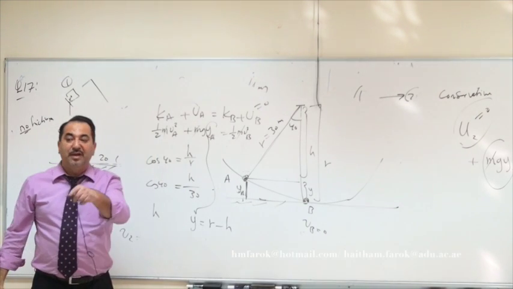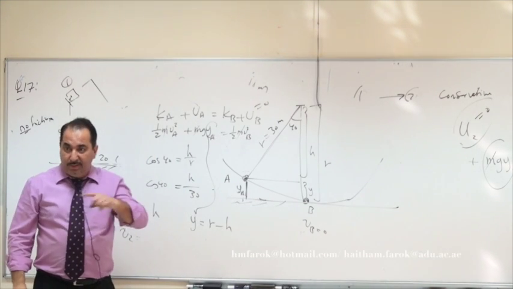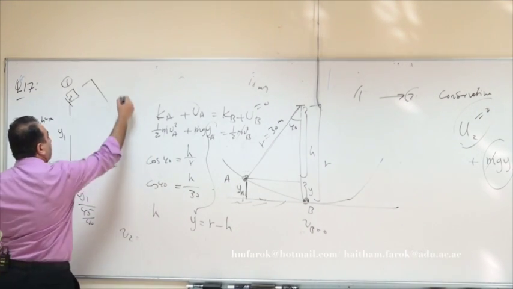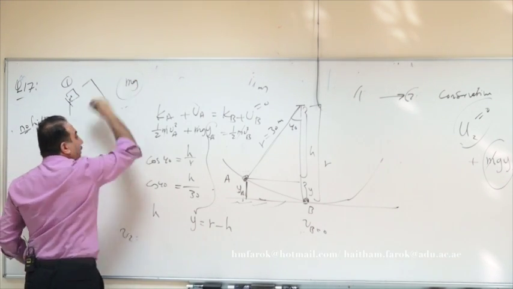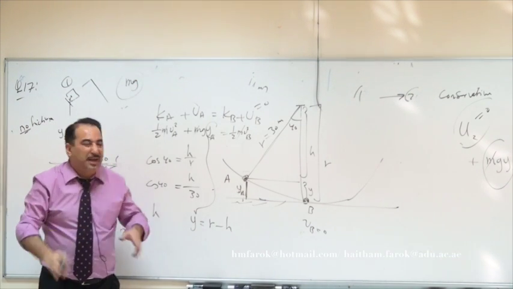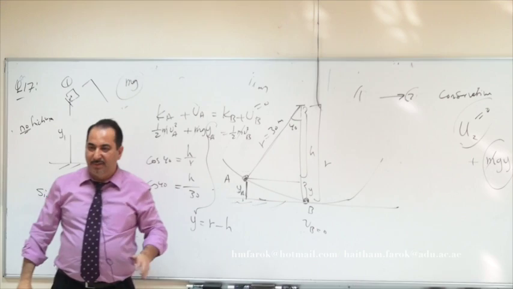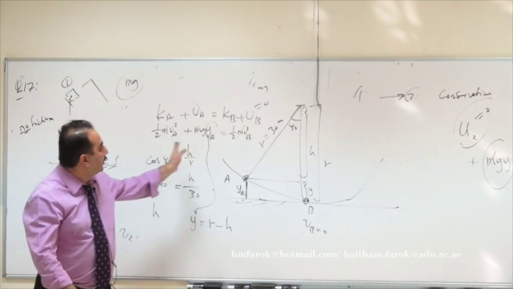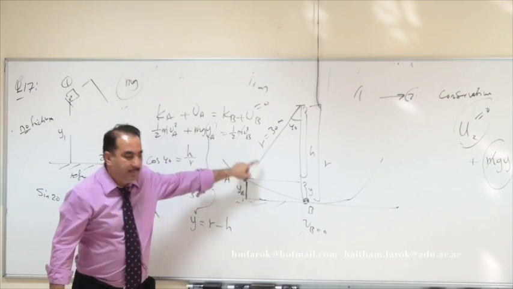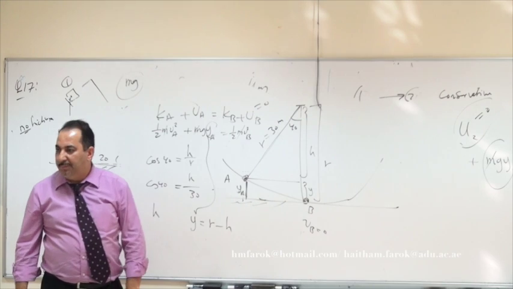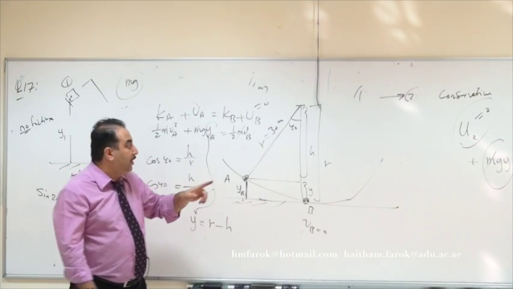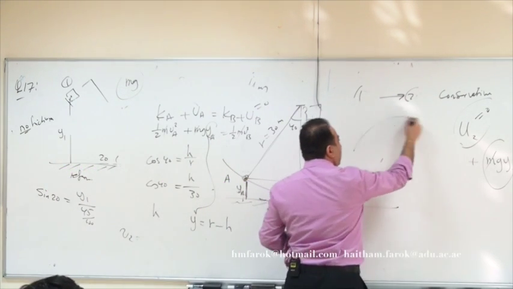So be careful here. The question says the weight. Weight means mg total. And in both cases, if you cancel m, you don't need the weight. So find vB. This question and the question after is the same question, but it's a hill.